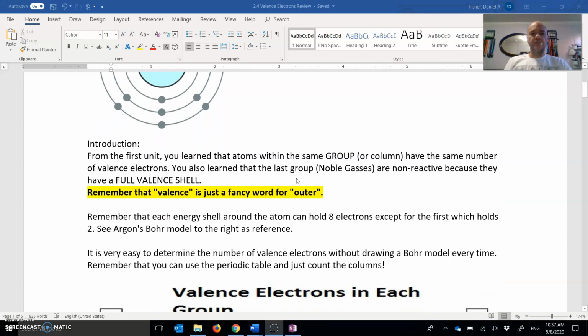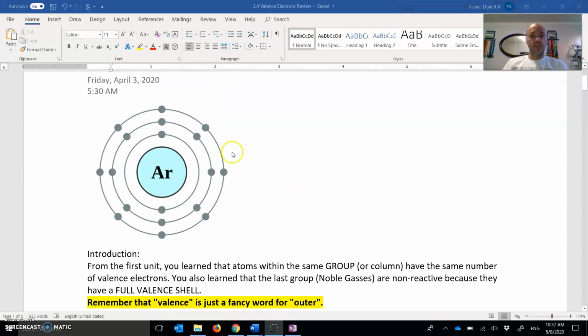As you look through this, remember two main things from Bohr models before: valence electrons are the outer level of electrons. So if I'm looking at this argon Bohr model here, only the ones on the outside are the valence electrons. So argon has 1, 2, 3, 4, 5, 6, 7, 8 valence electrons.